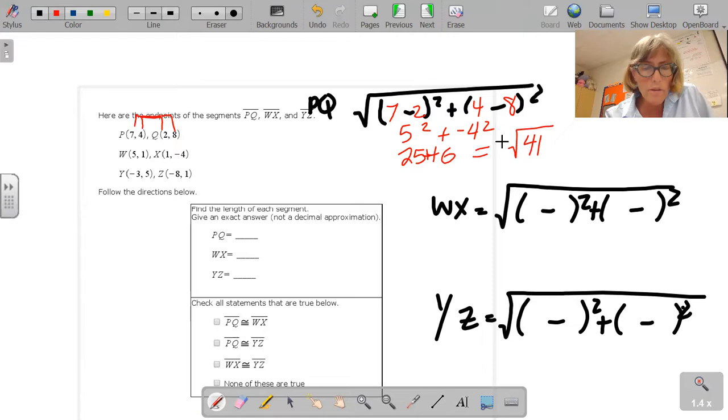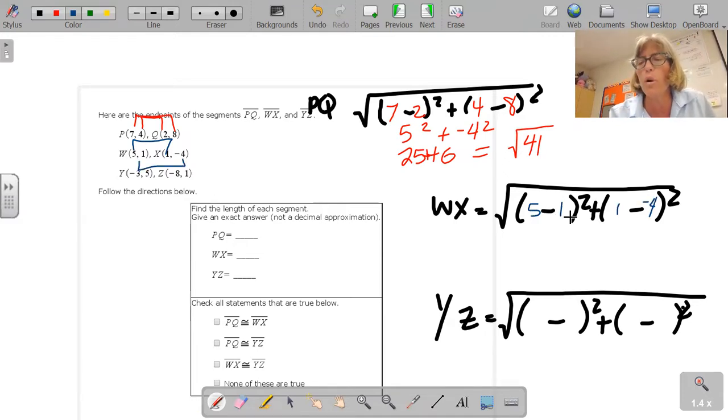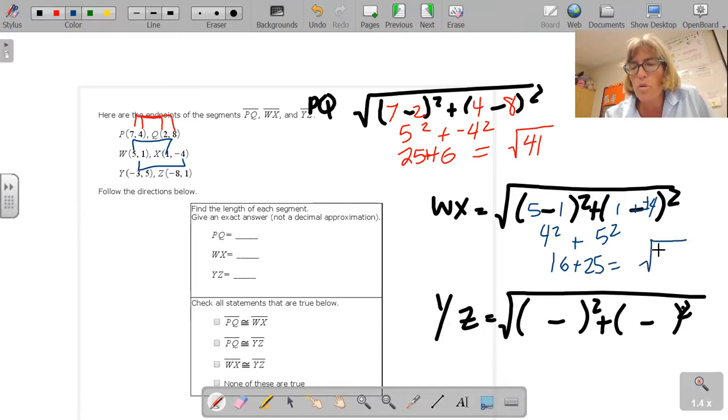Square root of 41. I'm leaving it under the radical sign, no decimal approximation. Y minus Y, that's 5 and 1. 1 minus negative 4. So 5 minus 1, that's 4 squared, plus double negative makes a positive, 5 squared, 16 plus 25, also root 41.